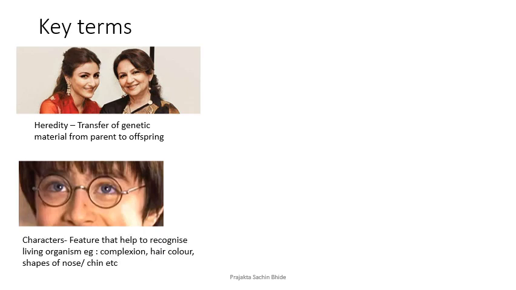These are characters. In heredity, in genetics, we call them characters. They are the features that help us to recognize a living organism. And those features could be in terms of complexion, hair color, shapes of nose, chin, dimples, eye color, and many more. So, second key term is character.